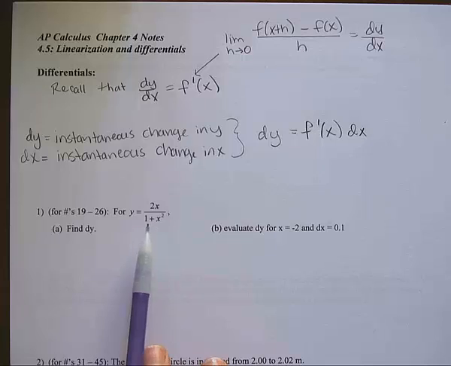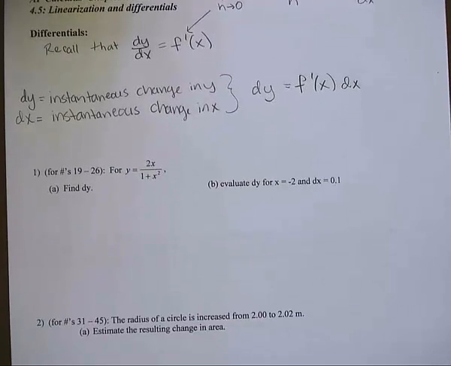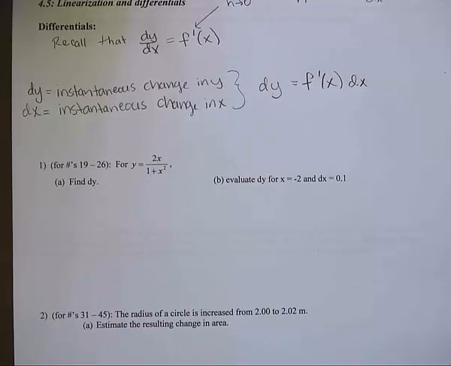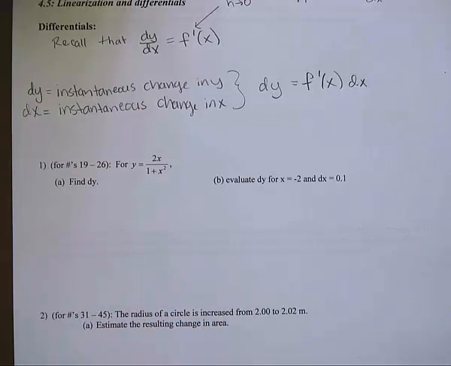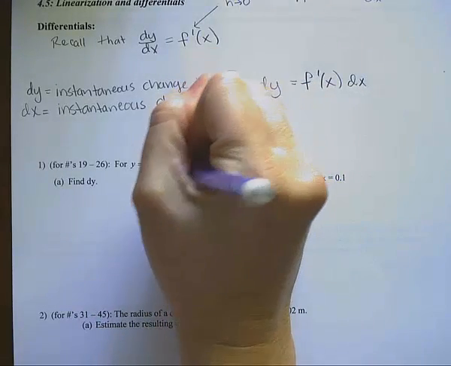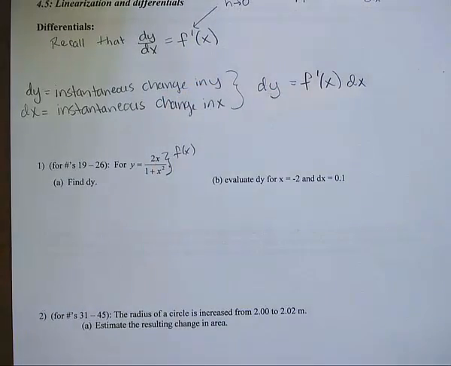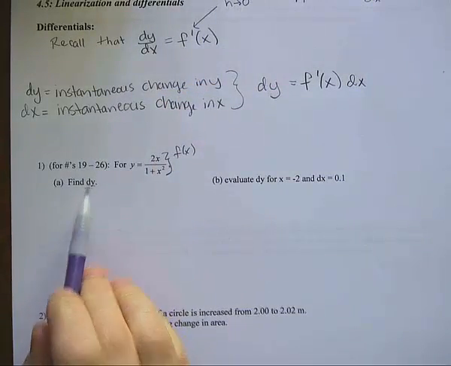I'll start with a more abstract example, one that has no real-world application, but it will give us the practice of splitting this up. So here they give us an equation for y. So this is my f of x, this expression here. And I'm being asked to just find the dy.